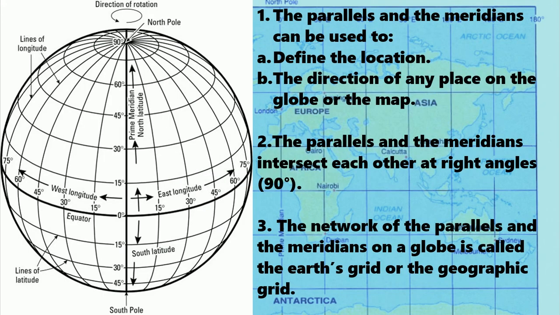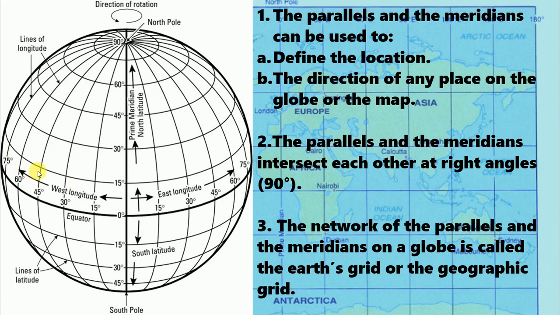Now in this picture you are able to see that in the figure the lines of latitude, that is the parallels, are there, and the lines of longitude, that is meridians, are also there. It is showing the north latitude, the south latitude, the east longitude and the west longitude.